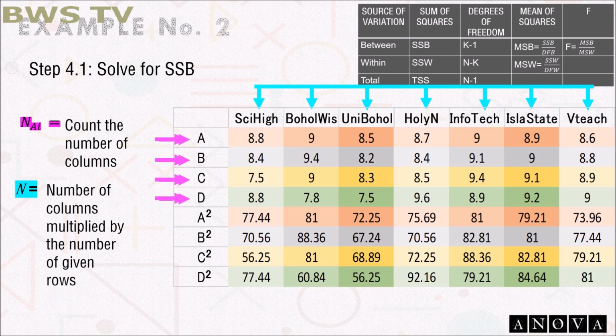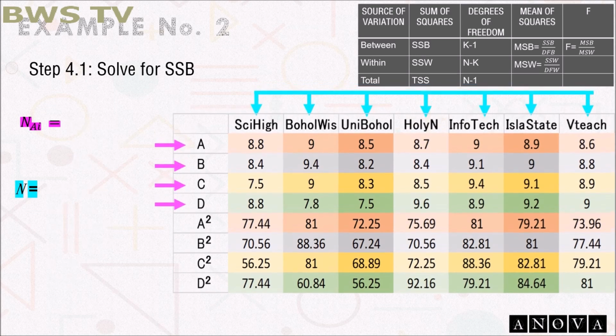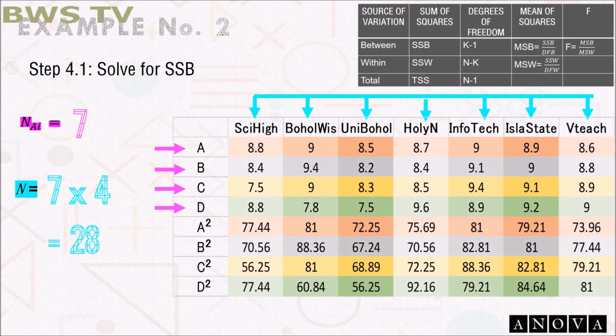While to get n, we have the number of columns multiplied by the number of given rows. So the given rows are 1, 2, 3, and 4. 4 given rows. So therefore, we have n sub ai is equal to 7, and n is equal to 7 times 4, which is equal to 28.